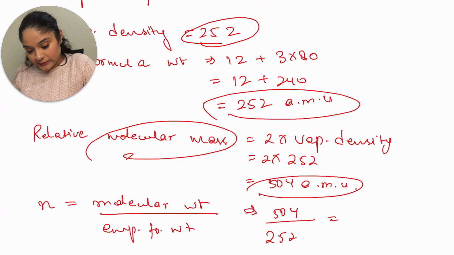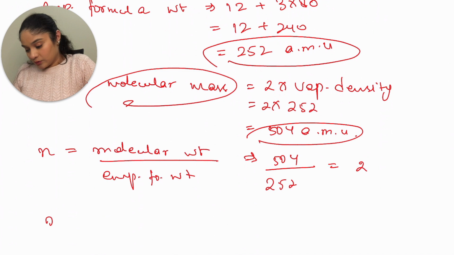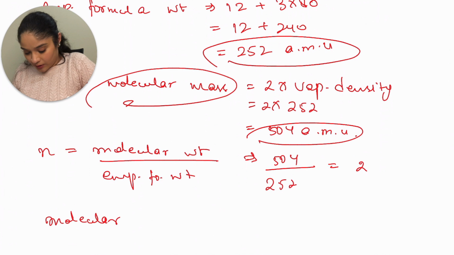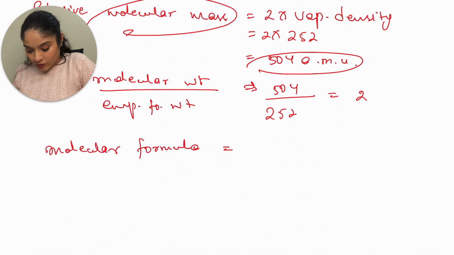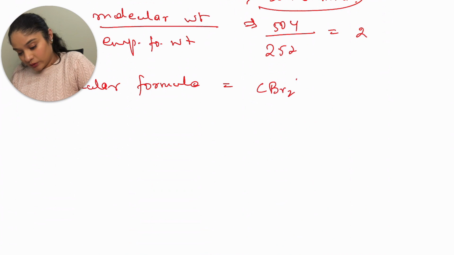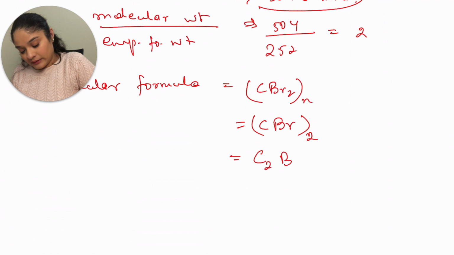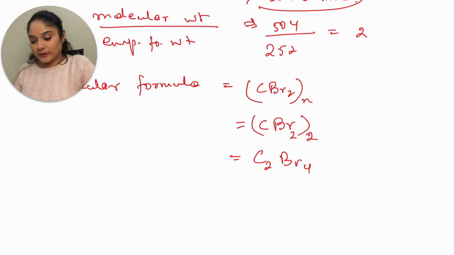This is just twice, so 2. Now your molecular formula should be CBr2 whole n, so CBr whole twice, C2Br4.